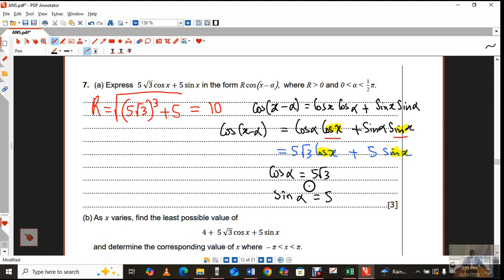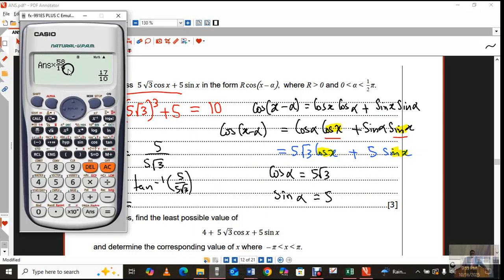Now you know you're supposed to use the tangent. The tangent of alpha is sine over cos, so you put the 5 on top of the 5 root 3. Eventually alpha is going to equal the inverse tangent of 5 over 5 root 3. Let's calculate it.